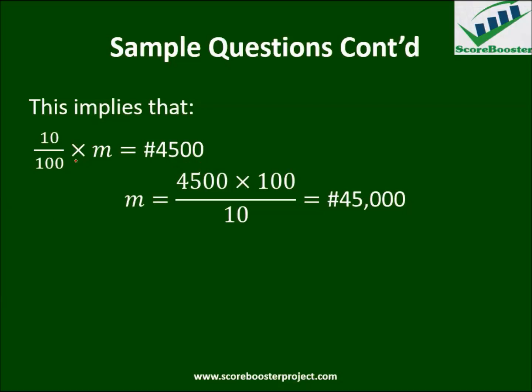Since "of" means multiplication, making M the subject, we have M equals 4,500 times 100 divided by 10. The zeros here will cancel out. You simply have the answer to be 4,500 times 10. So M equals 45,000 naira. Always remember the units, it's in naira.